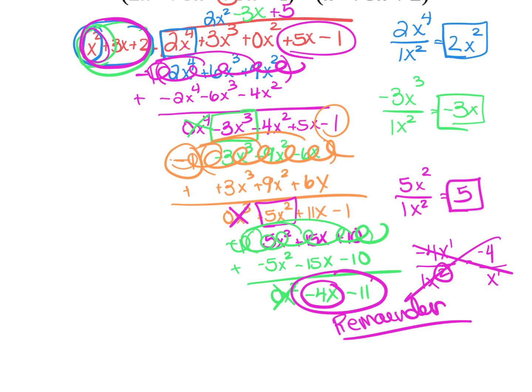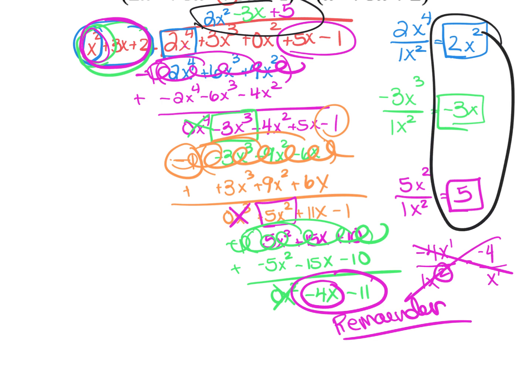So we are done with this problem. We just need to tie some of the key components together. So our final answer, the first piece, can be found right here and right here. So the first part of our answer you can see is 2x squared minus 3x plus 5. Those are the values that we found as we were dividing.